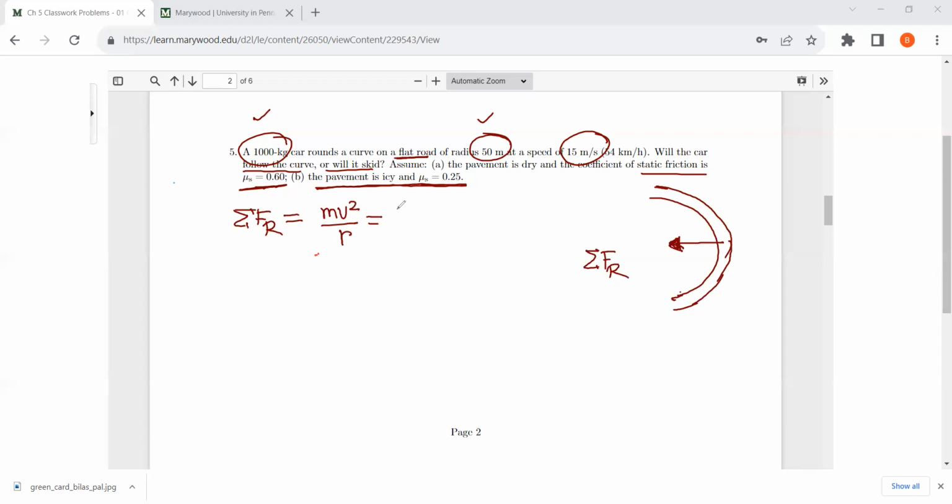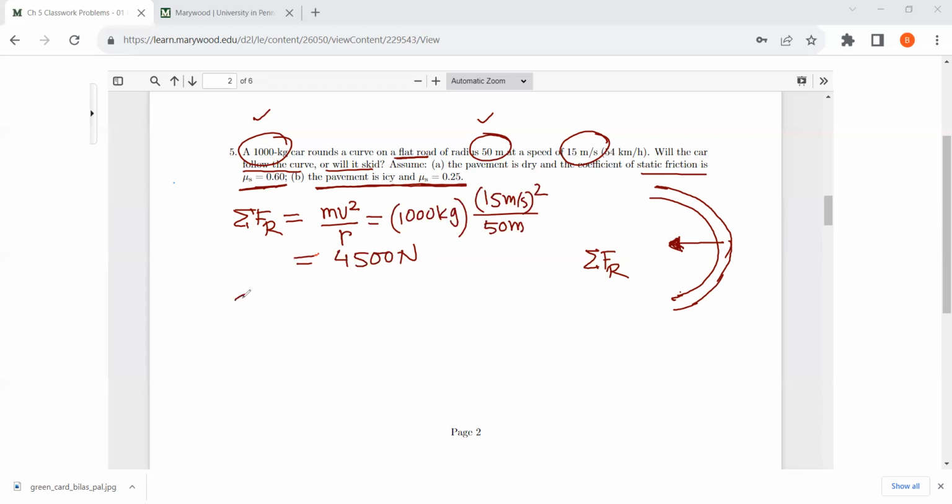If you plug these values into your calculator, it should give you this value. The minimum centripetal force we need to keep the car in this portion of the circular path is 4500 Newtons.